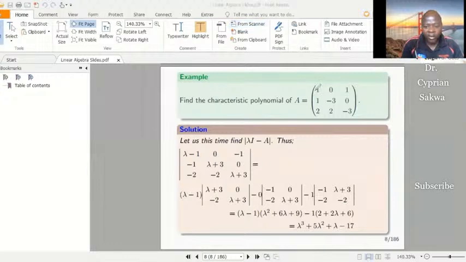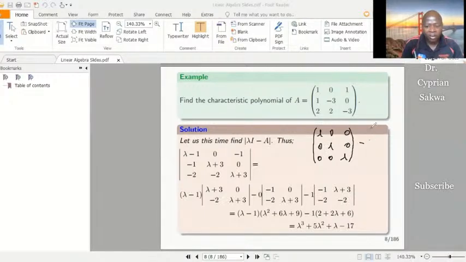So I subtract the whole of this from lambda I, where I is the identity matrix. We are talking about a 3 by 3 matrix, so I will also be a 3 by 3 identity matrix.